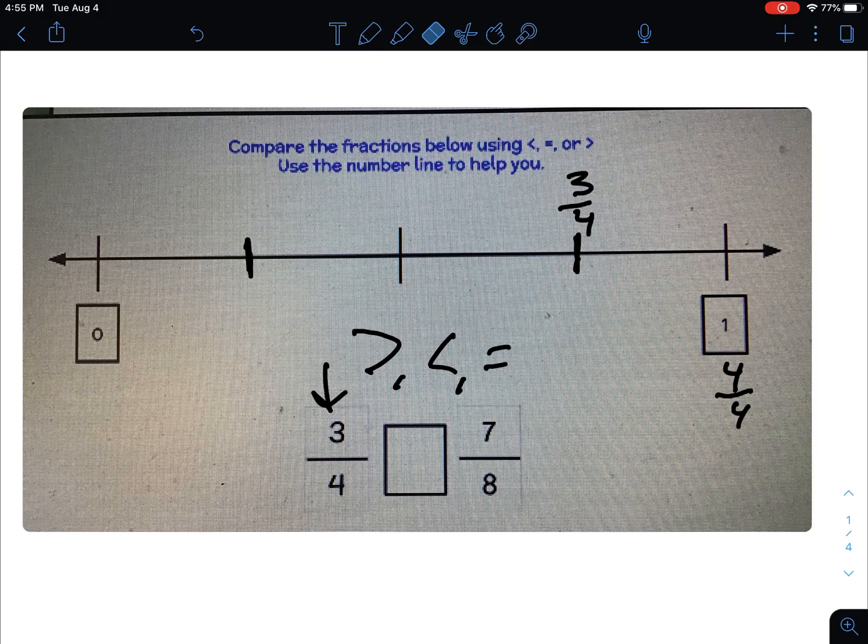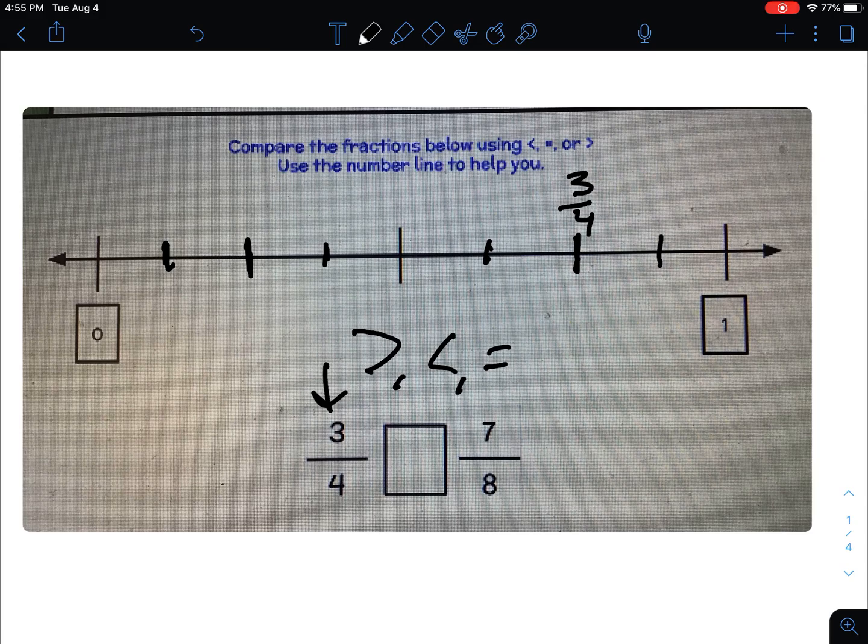All right. So now I have to find where 7/8 is. So now I have to divide my number line into 8 pieces to put 7/8 on the number line. But it's great, I already have 4, so now I just have to double that, or split each piece in half.